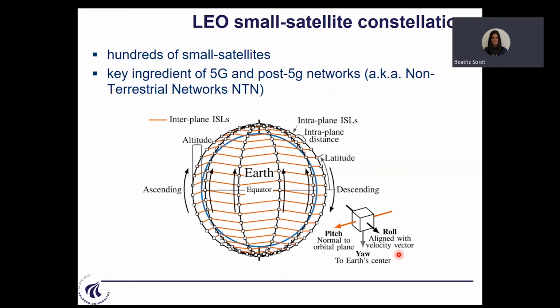And then on the other axis, you can deploy antennas to talk to satellites that are in other orbital planes. If you look at my pointer, this would be the intraplane, talking to the satellite in front and behind. And then I can also deploy connections to satellites that are in neighboring orbital planes.